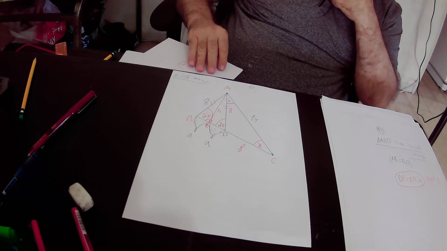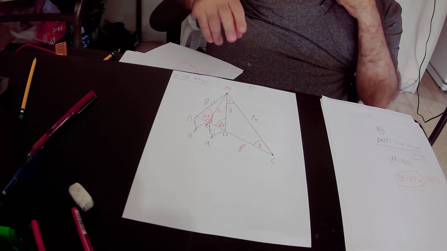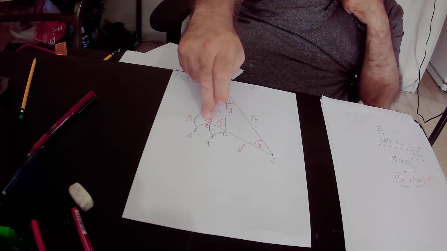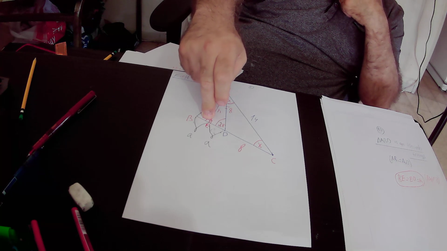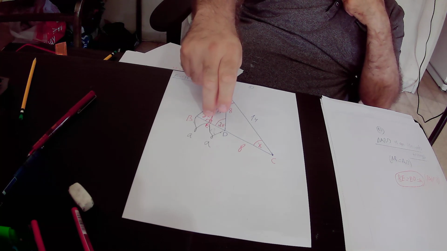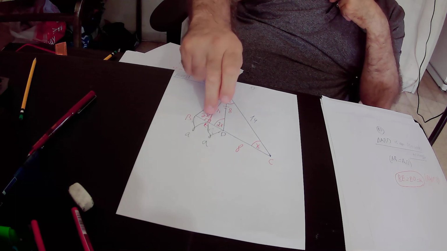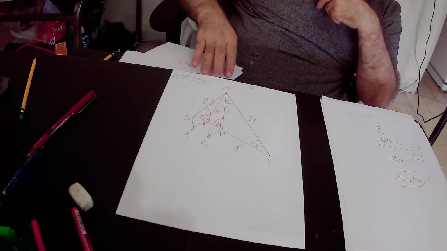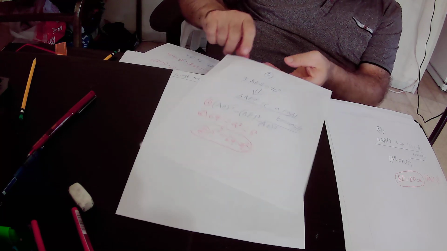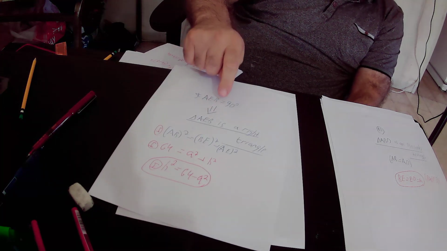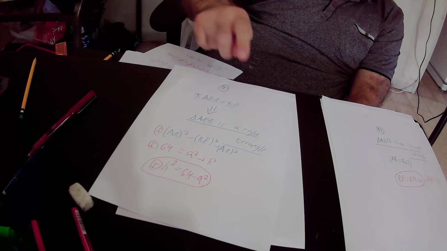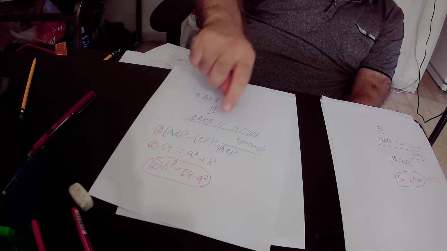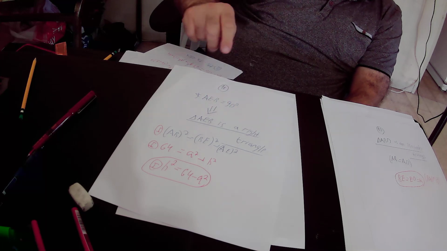Okay, then we draw perpendicular AE, therefore this angle is a right angle, therefore triangle AEB is a right triangle because it has one angle that is 90 degrees. So in the right triangle AEB, we can implement the Pythagoras theorem that states that the square of the hypotenuse equals the sum of the squares of the perpendicular sides.